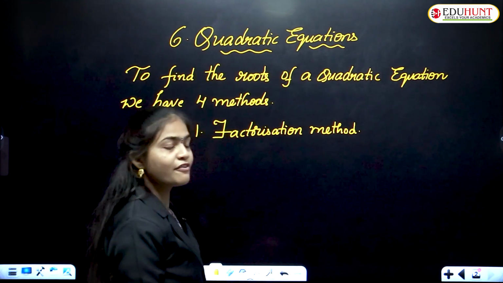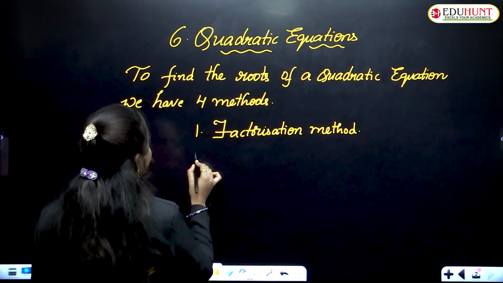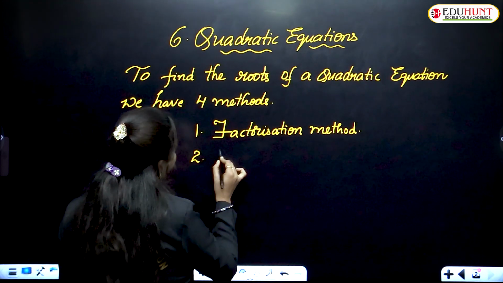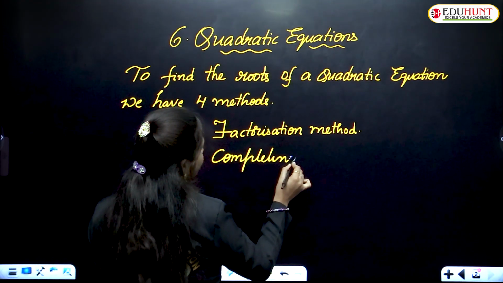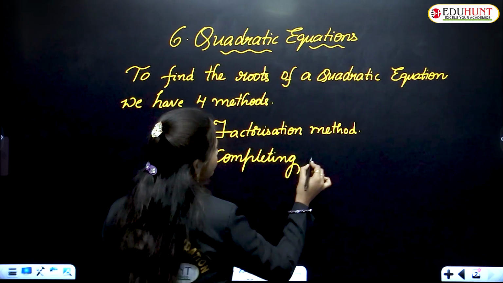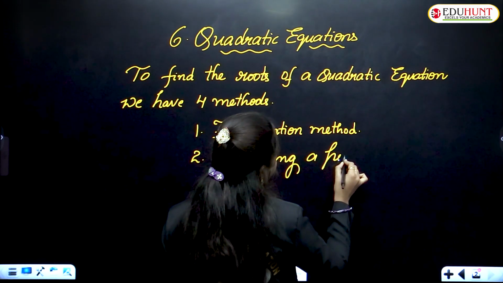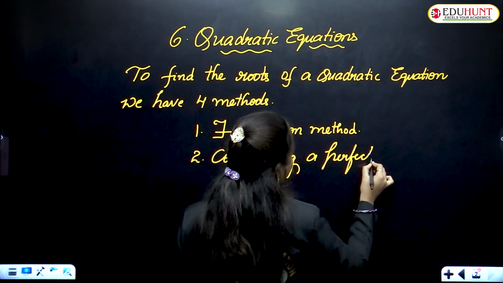The first method is the factorization method, and the second one is the completing a perfect square method.